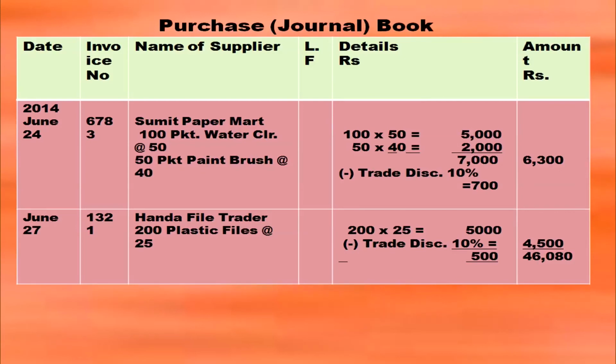So, considering the previous transactions also, the purchases book will have a total of 46,080. And in the name of the supplier column, you have to write purchases account, and in the date column, you have to write the last day of that particular month, June 30, purchases account 46,080.